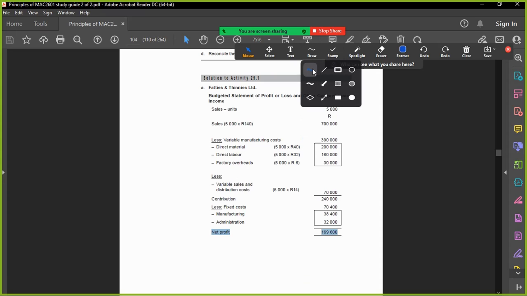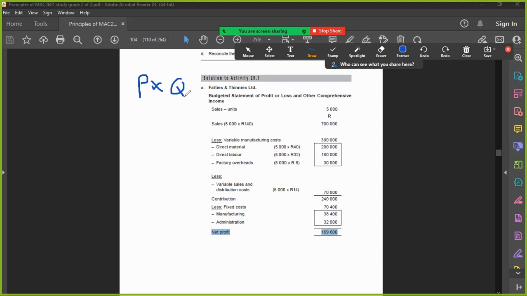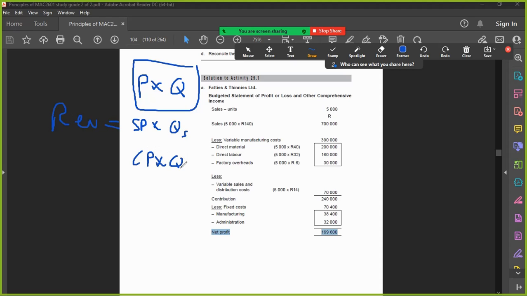Remember earlier I said price times quantity? That's the basic one. If it's selling price times quantity sold, then obviously that'll give you revenue. If it's cost price times quantity produced, then that's obviously costs. Okay, total revenue minus total cost gives you profits. It's all maths, so this is the maths.